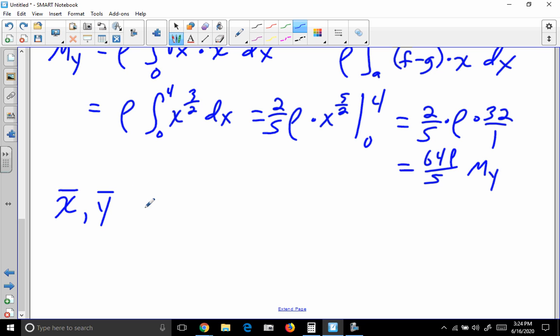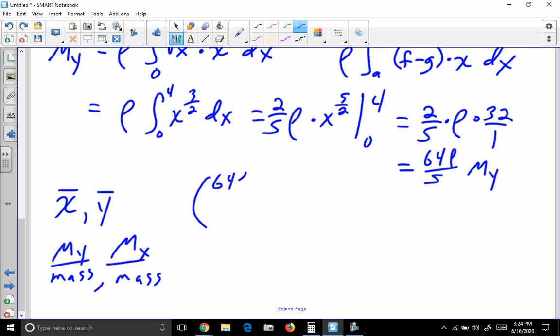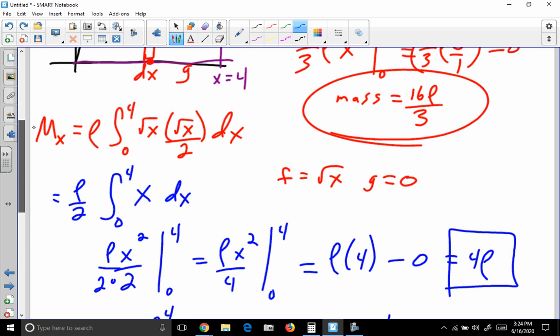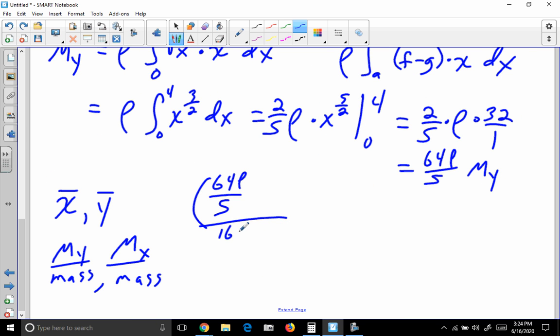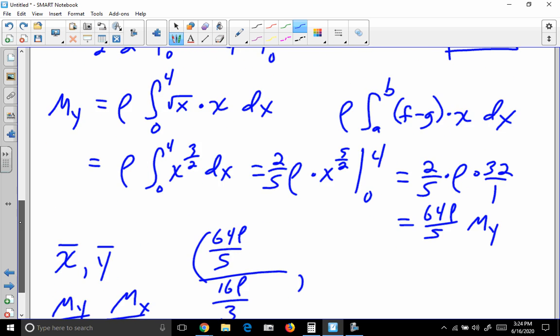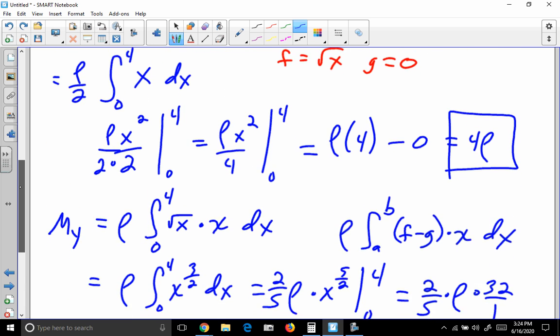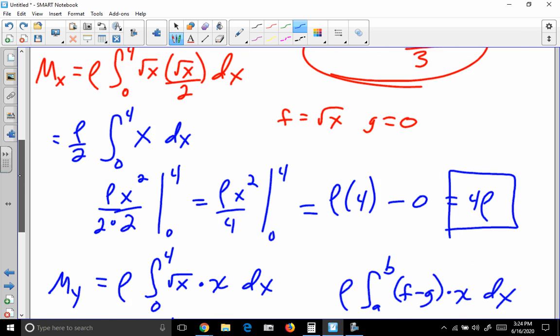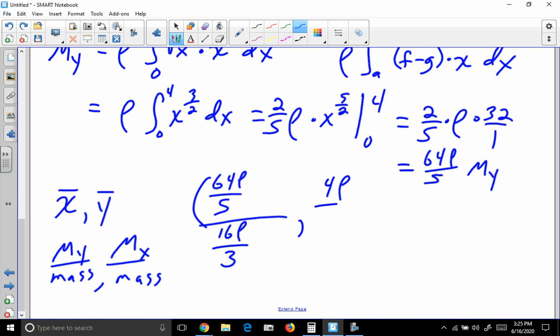Now the center: we take the moment from the y over the total mass, and the moment from the x over the total mass. The moment from the y-axis is 64 rho over 5, and our total mass was 16 rho over 3.